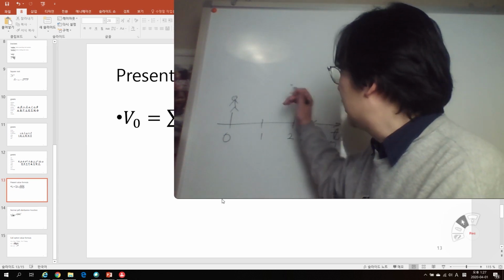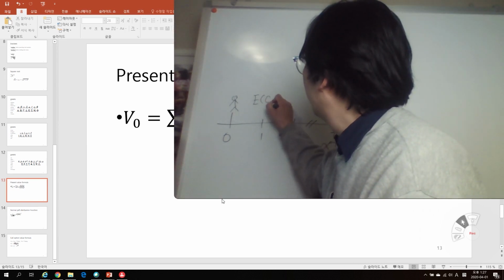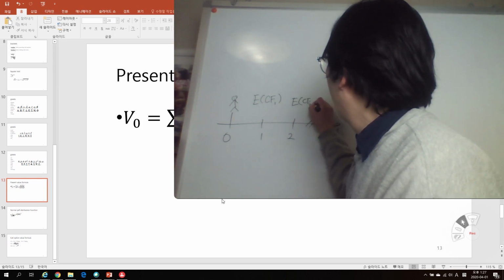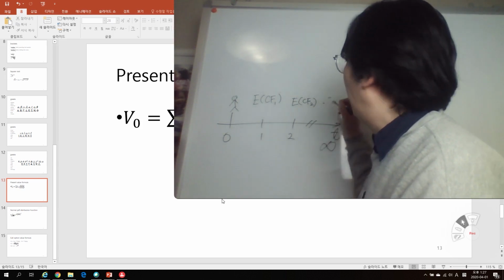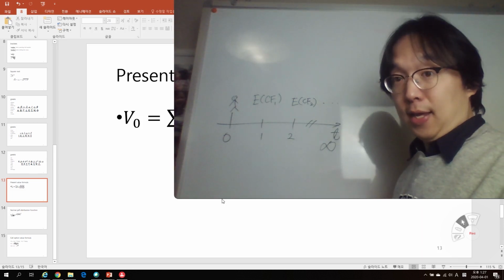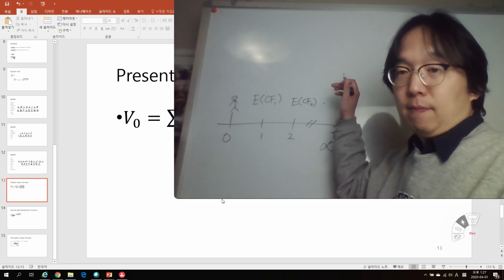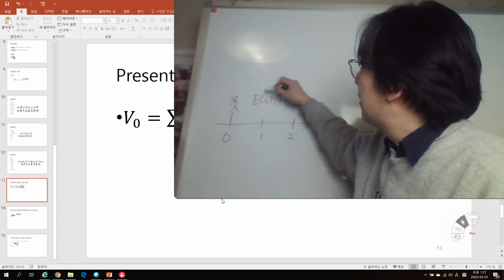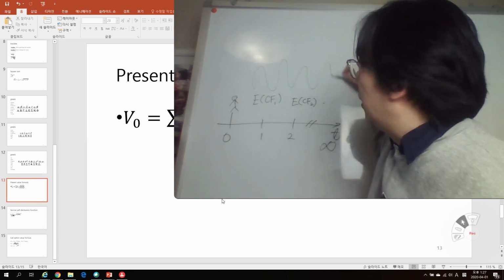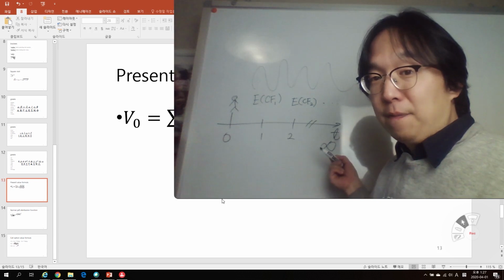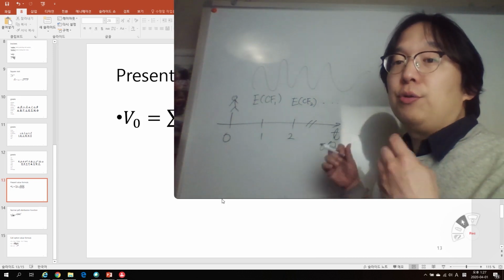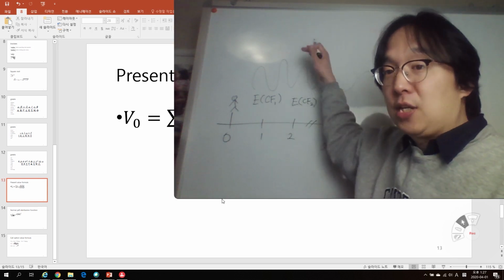Now, your expected cash flow goes on like that. And then this cash flow is just an expectation, and it is varying, like, there is uncertainty going on, right? So the discount rate that you use should reflect the riskiness of this cash flow.